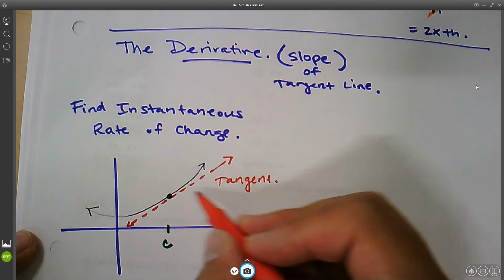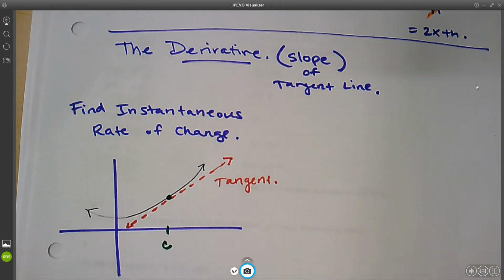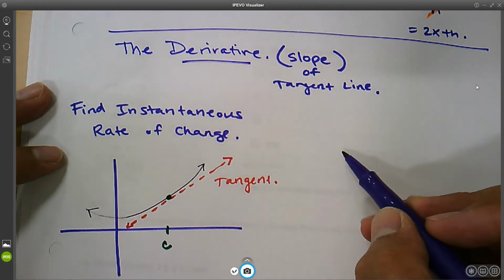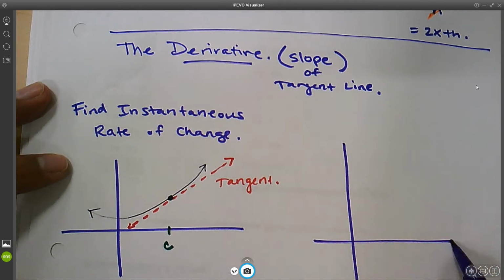We want the slope of that tangent line, the derivative. Okay. So anybody remember how we went about doing that? Yeah, we pick a point as close as possible to this point. So in general, it looks like this.